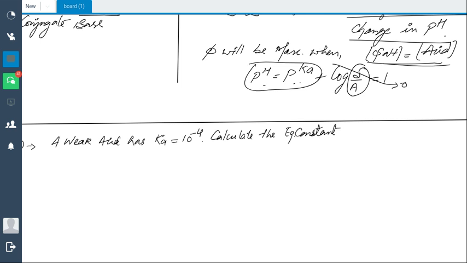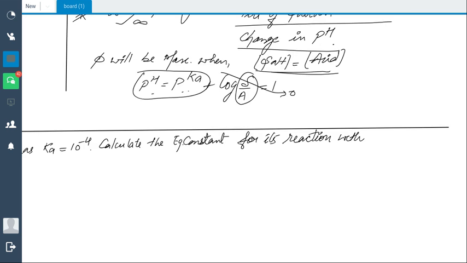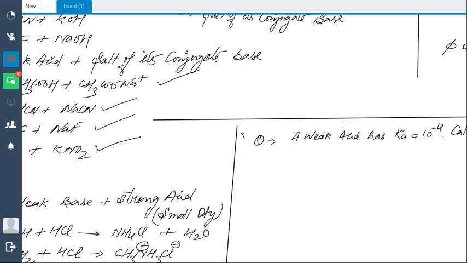So calculate the equilibrium constant for its reaction with strong base. This is a past year IIT problem.